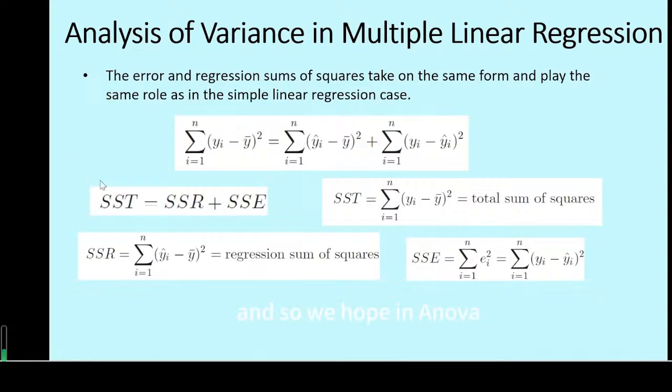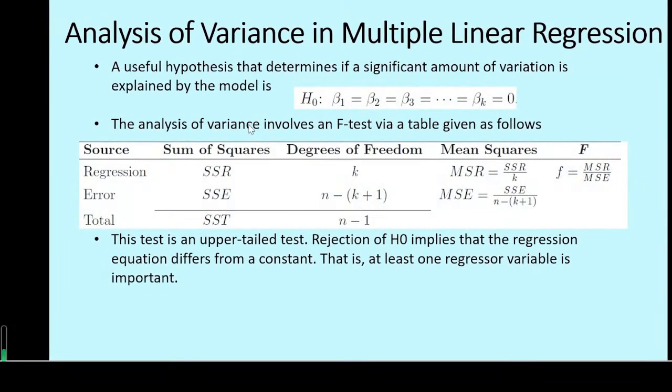So in the ANOVA approach, we hope SSR is as large as possible. In this approach, the null hypothesis H0 says beta 1, beta 2, beta 3, until beta k are all 0, which means the model is nothing, just a constant term.